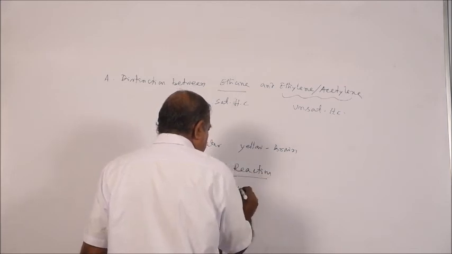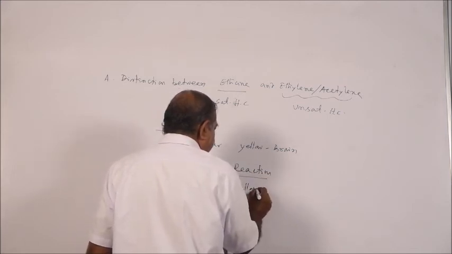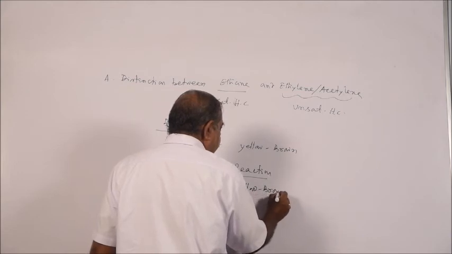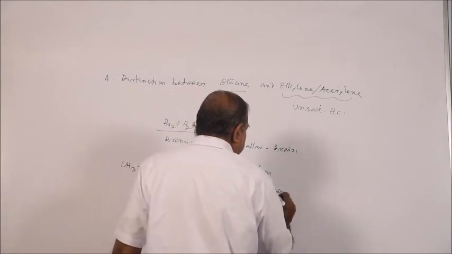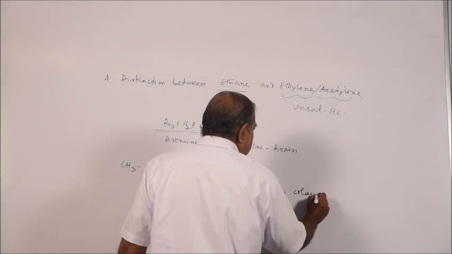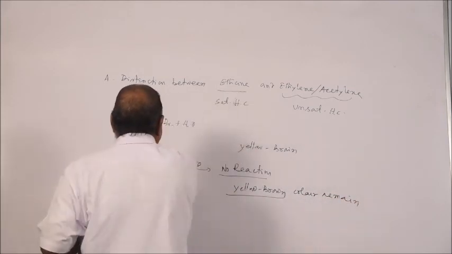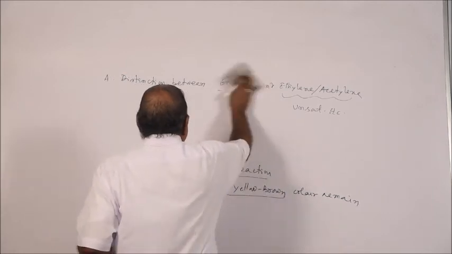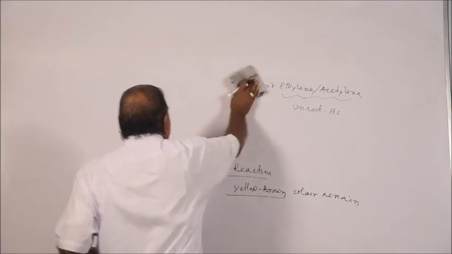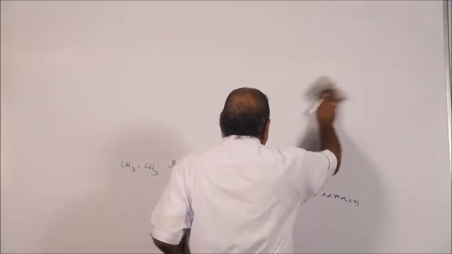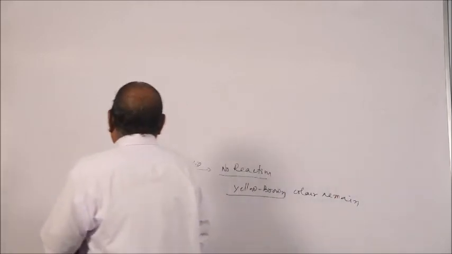Therefore, the color remains yellow brown. No change in color. Since there is no reaction of alkane or ethane, here I have taken one example with bromine water, the yellow brown color remains as such.